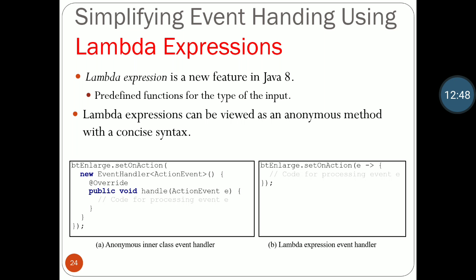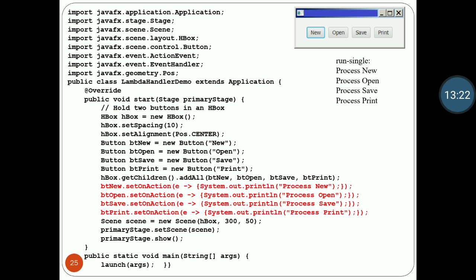It will be an action event, and that will have a public void handle method, with an ActionEvent e object, and in that we have to write our code, meaning what is going to be processed will be coded in the handle method. But with a lambda expression we can shrink that and only write btEnlarge.setOnAction with the e object and write your code in that method.